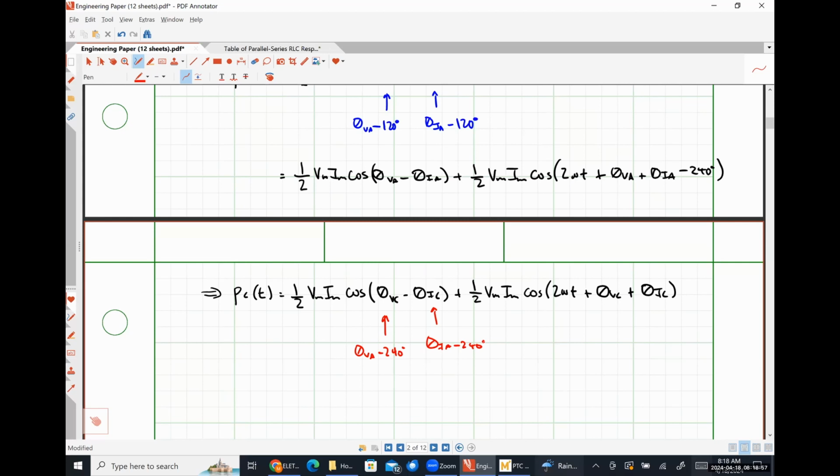And so we're going to see a similar canceling out on the DC term and a similar adding of the lagging on the AC term.